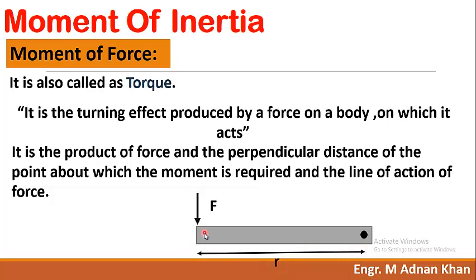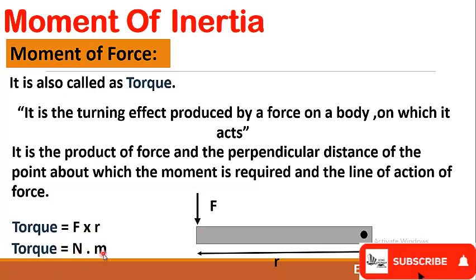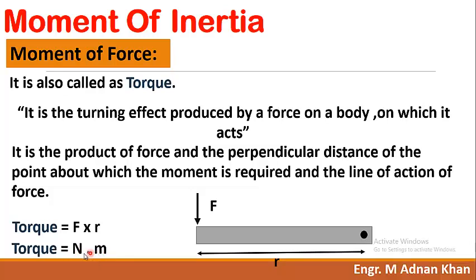So torque is defined as the product of F and this perpendicular distance r, as we discussed, that it is the product of force and the perpendicular distance. This is the force acting on the free end and the perpendicular distance between the fixed and free end. So the product is called torque, and its unit is Newton meter, or whatever system of units you are using. It can be centimeter or kilogram, whatever.